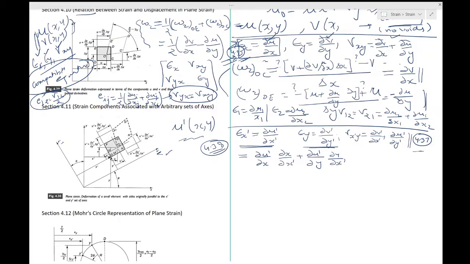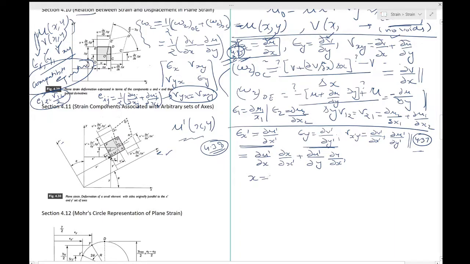So you can see that particular part over there. Now if you look at figure 4.30, you can obtain the relations 4.39. Please check your book for what relations 4.39 are, and I'll write one of them.